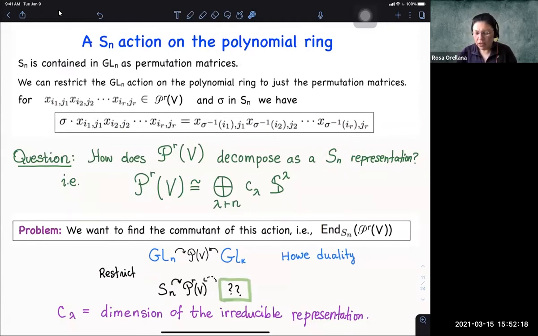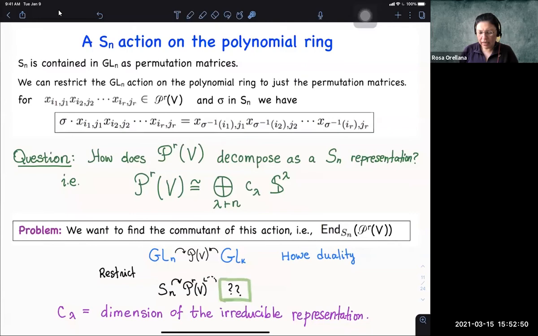We wanted to understand these coefficients right here, when you decompose the space of homogeneous polynomials of degree R as an Sn representation, where the action is given by this right here. So if we follow the recipe that I have been giving you, the problem would now be to find the commutant. What linear transformations commute?